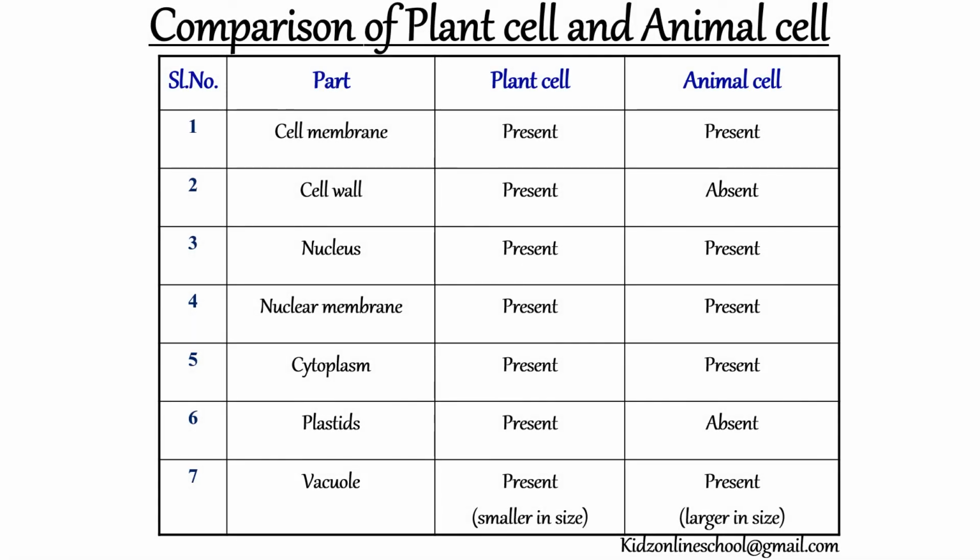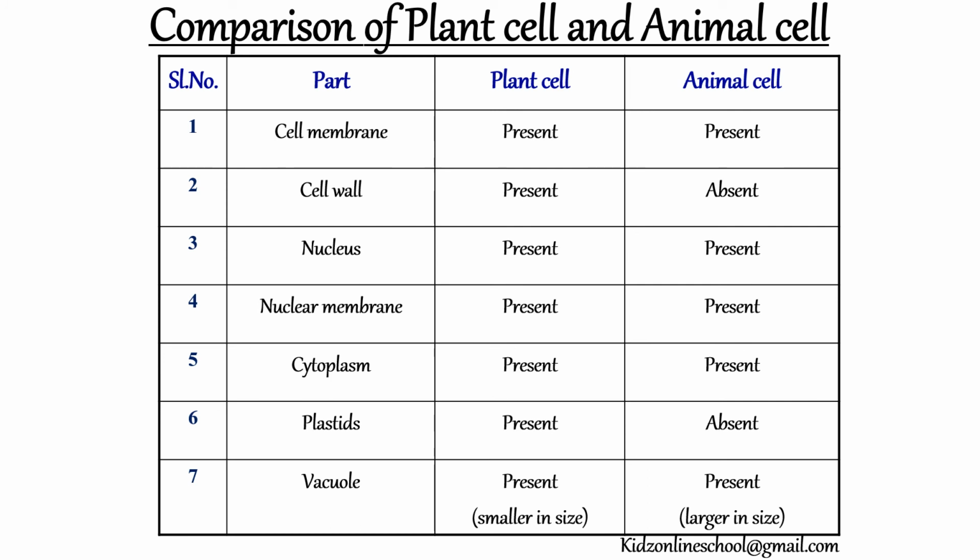Comparison of plant cell and animal cell. Cell membrane, plant cell present, animal cell present. Cell wall, plant cell present, animal cell absent. Nucleus, plant cell present, animal cell present.